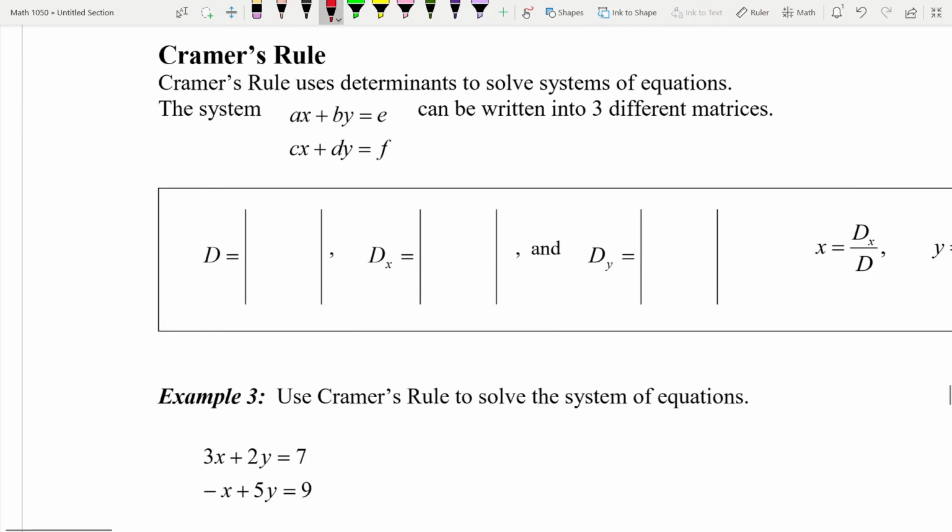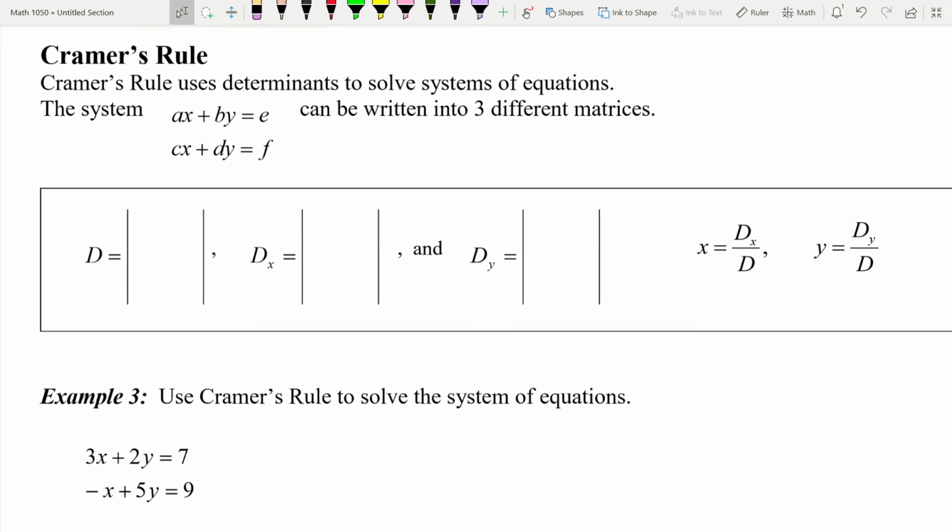Okay, Cramer's rule. Cramer's rule is the second method that I'm teaching you today, okay? Now, I've gone through the finals for so many times for so long. I have a pretty good idea of what's going to be on there and what's not. I don't write it.